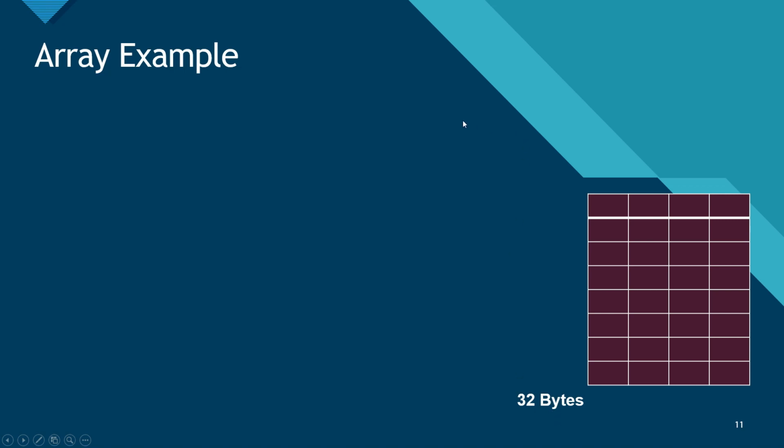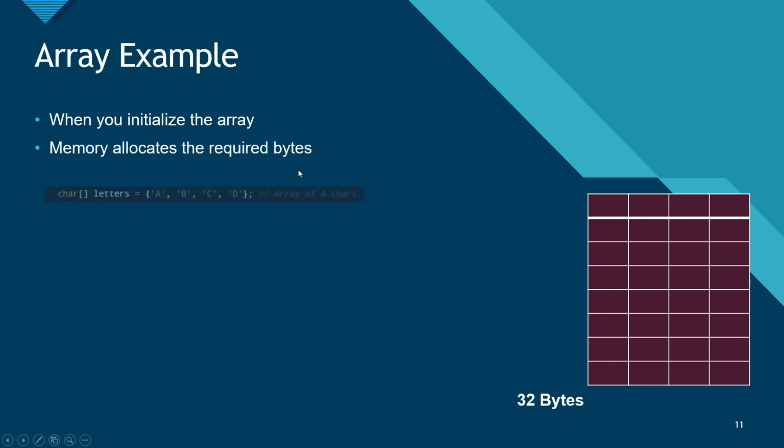That's just that. So we have an example, the previous example, where we have a letters array of type character. So we have an array of type character, and its name is gonna be letters with a size of 4, and we have the values A, B, C, and D. So when we allocate or initialize the array, we usually allocate the required bytes.